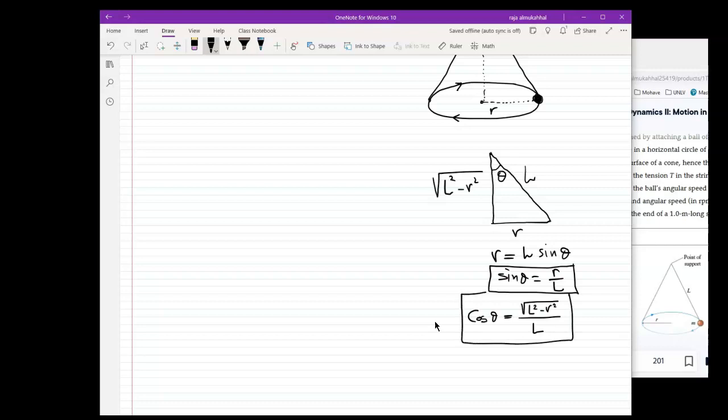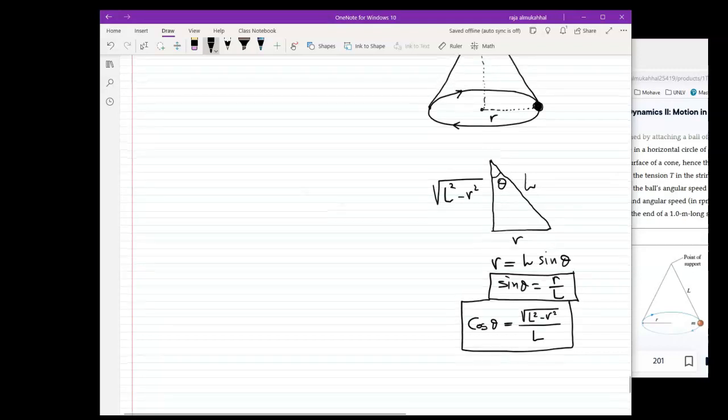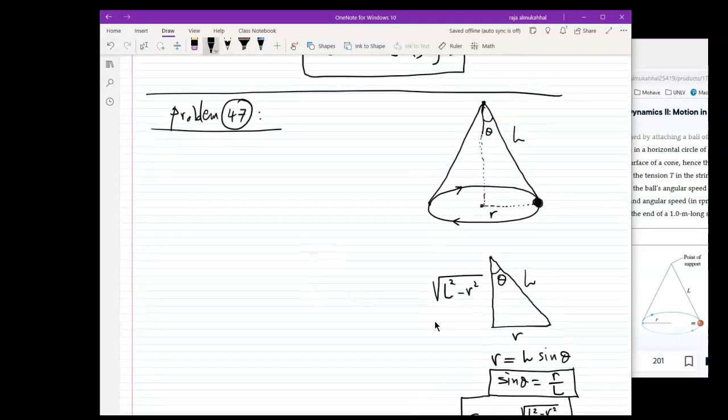I'm just putting in all the information that I can gather from the information given to me. All right, now with this in mind, let me go and use Newton's law. Again, you need to run a film in your head and see how the pendulum bob is moving. So it's moving around in a circle like that. Now we ask the question, what are the forces on it?